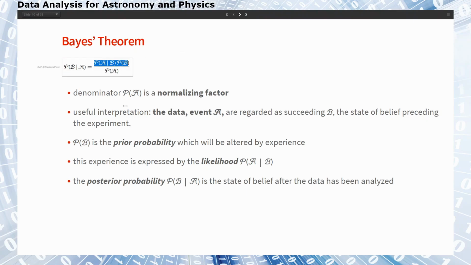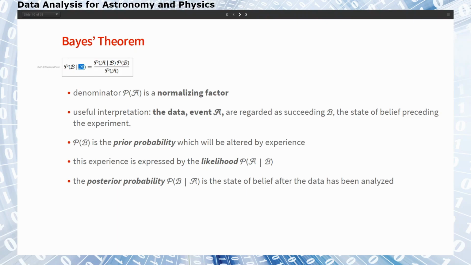A useful interpretation for the individual events is we can equate the event A to the data that we have at hand, and following from the data we try to derive a model, for example. So what is the probability for a given model given the data?